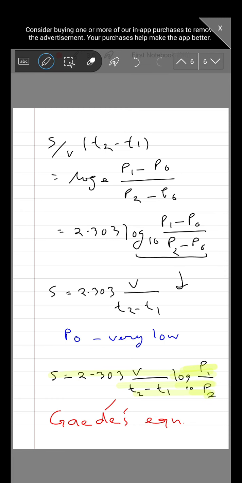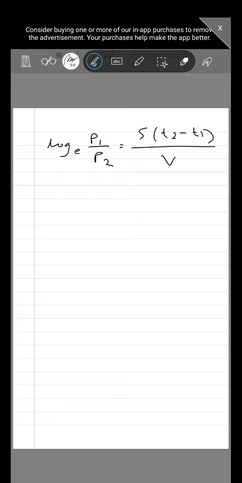So if we move further from the Gates equation, we can write log e P1 by P2 is equal to S (T2 minus T1) by V, and that is equal to S by V into T, where T is equal to T2 minus T1.